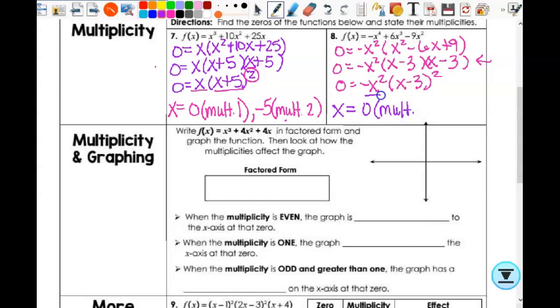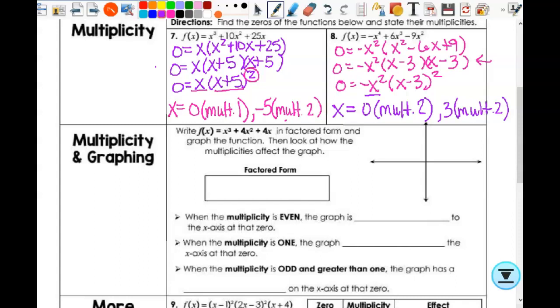What's the multiplicity in this one? 2. Do you have a question? Ask me if you have something. No? Okay. And then 3 with a multiplicity of 2. We good? Questions? Nothing? Okay.